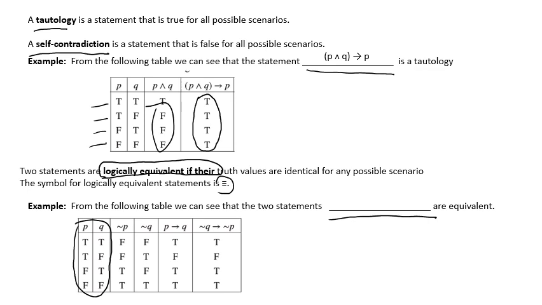Two statements are logically equivalent if their truth values are identical. In other words, their columns will match up. If you look at the fifth column and compare it to the sixth column, notice their truth values are identical for all scenarios, and therefore the two statements P then Q and not Q then not P are equivalent.